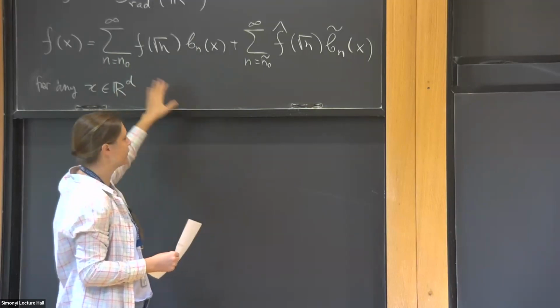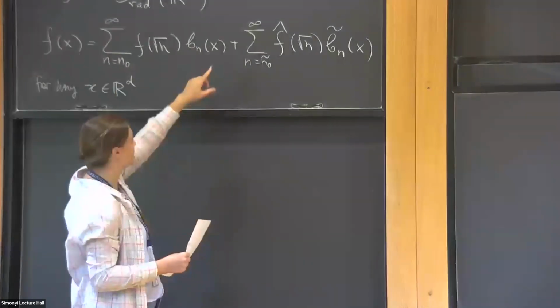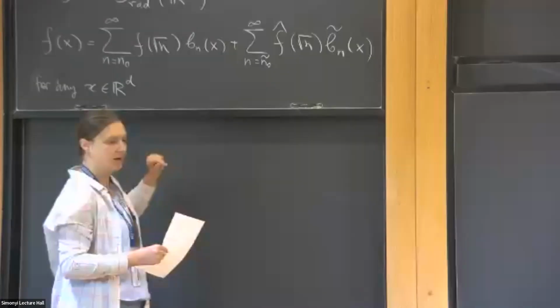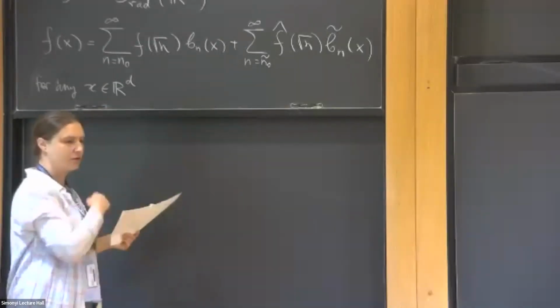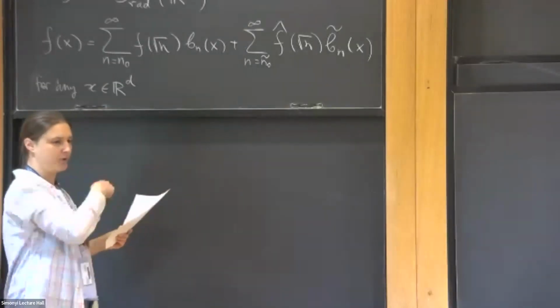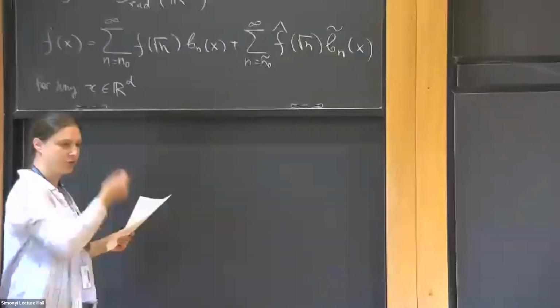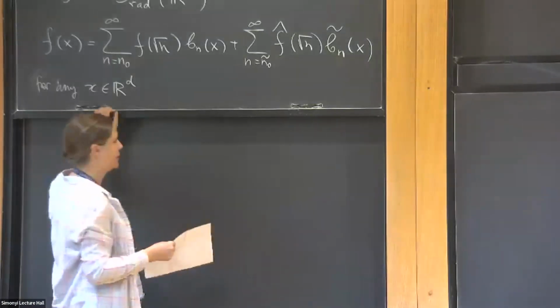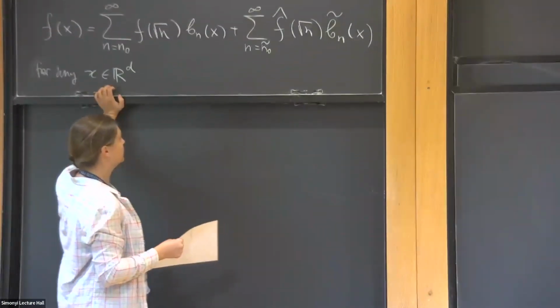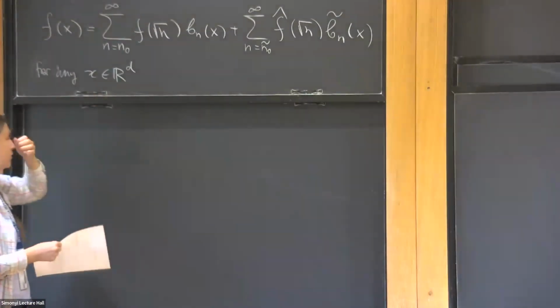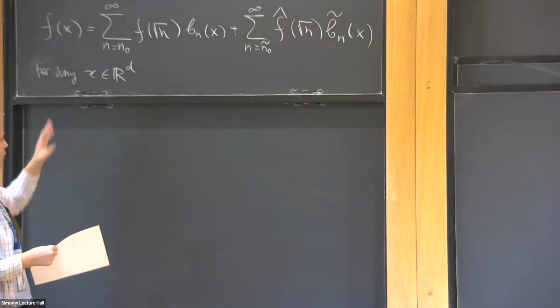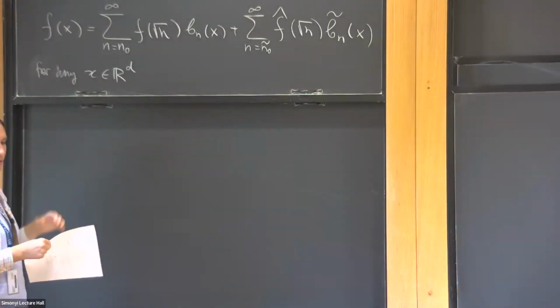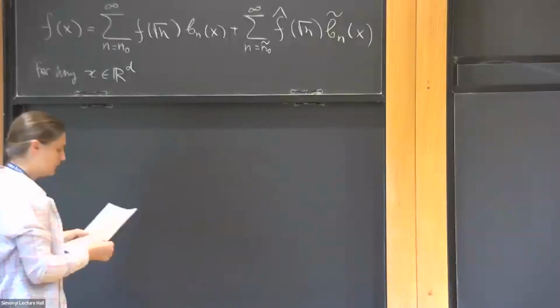Actually, in dimension 1, if we consider even functions, we can start from 1, because if we know all values of an even function except at point 0, then we can use the Poisson summation formula and recover the value at 0. So we can skip the value at 0. And it turns out that for odd functions, the values alone are not enough. We also need to know the value of the derivative at 0.